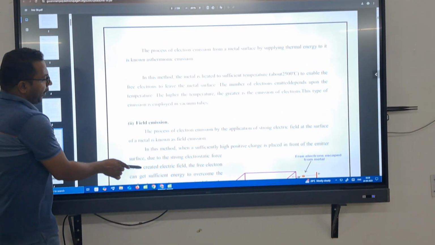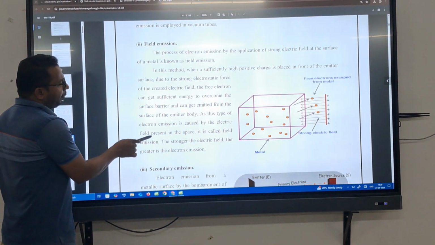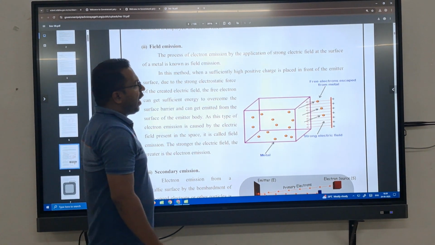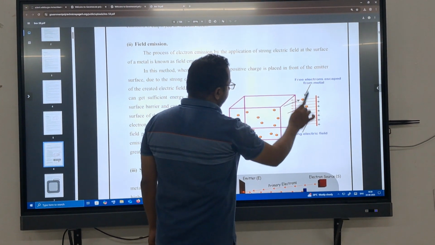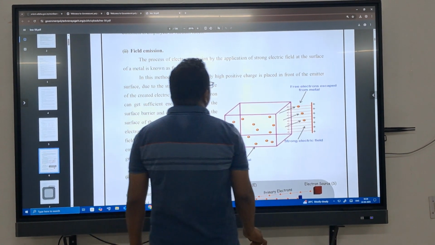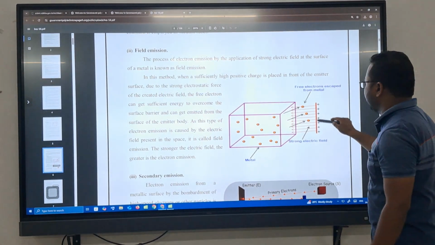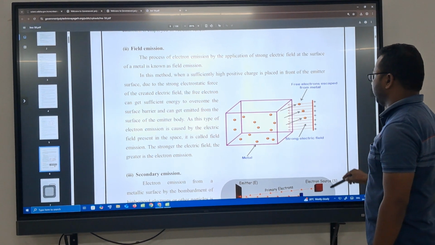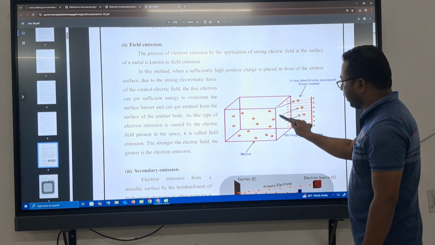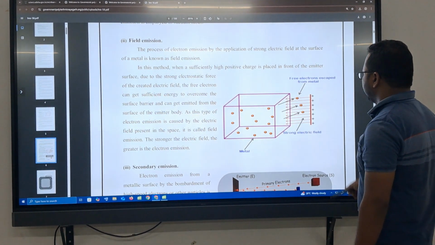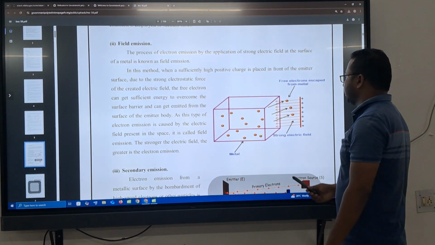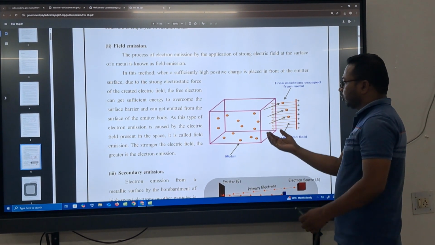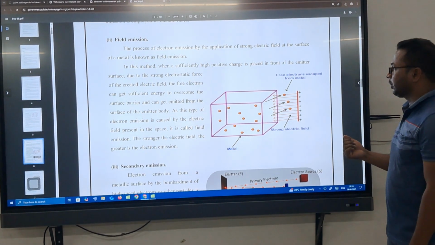Second is field emission. In field emission, we are placing a positive plate. That means this plate contains positive charge and the metal contains negative charge. When a positive plate is placed near the surface, it will attract the electrons from the metal surface.